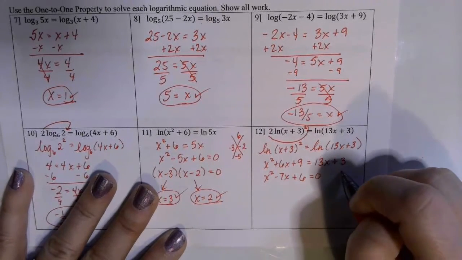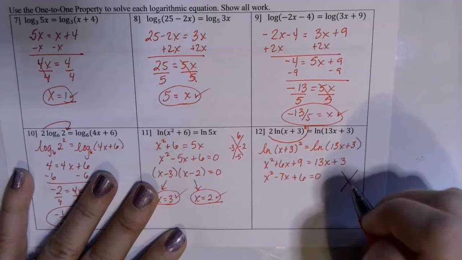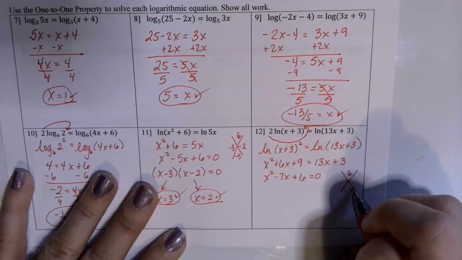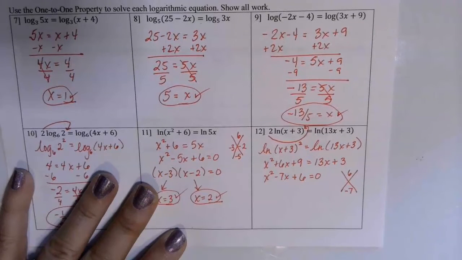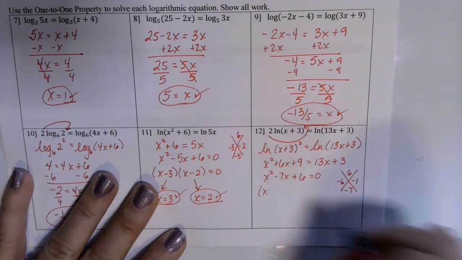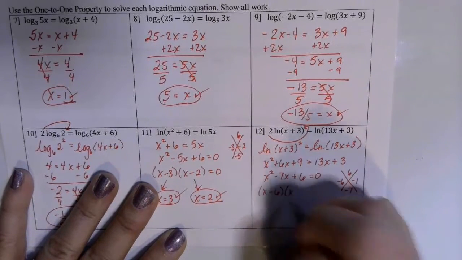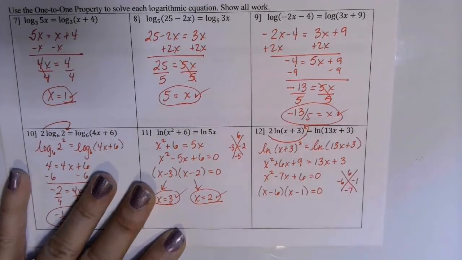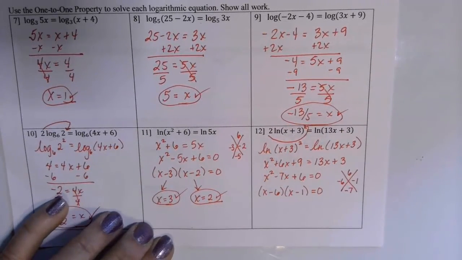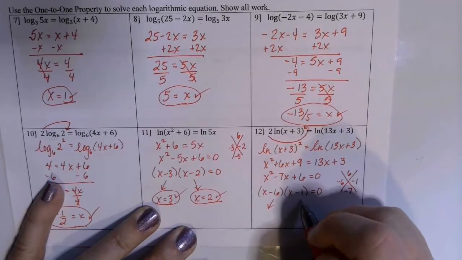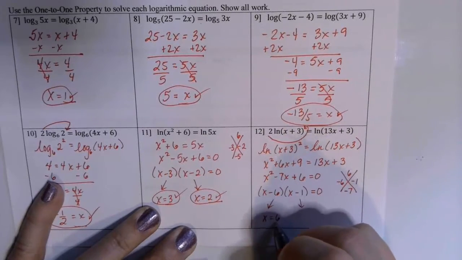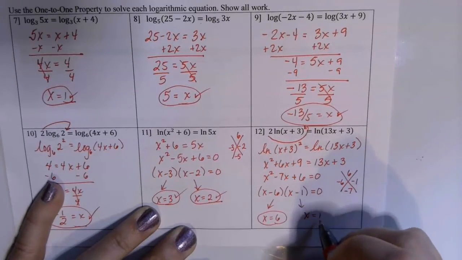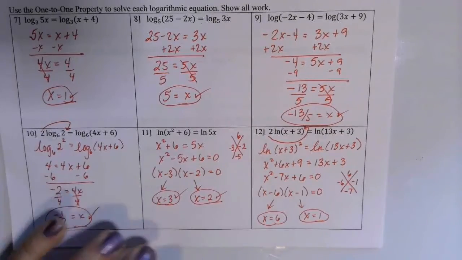So we're looking for factors of 6 that add to equal -7, and that would be a -6 and a -1. So this factors as x minus 6 times the quantity x minus 1 equals 0. And using the zero product property, x equals 6 and x equals 1.